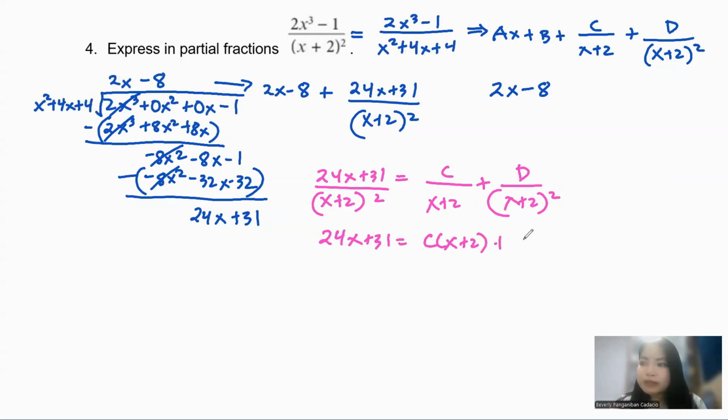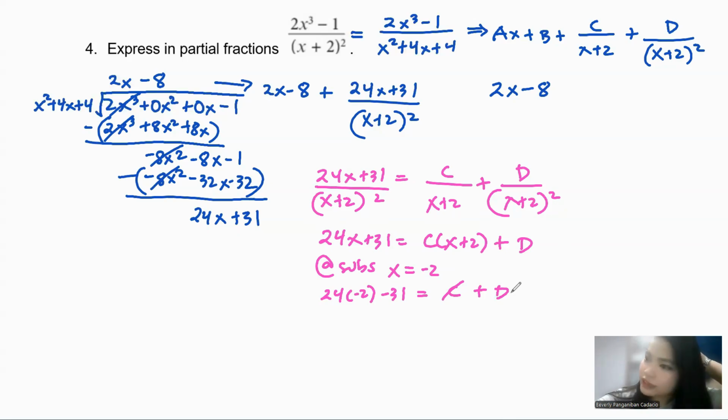What do you need to multiply by D? Nothing, because this x plus 2 is already here, so you don't need to do that. And then, just do a simple substitution here. I will substitute x plus 2, or the solution is x equals negative 2. So 24 multiplied by negative 2 plus 31 is equal to, the C will be cancelled. Therefore, the D will be the answer right away.